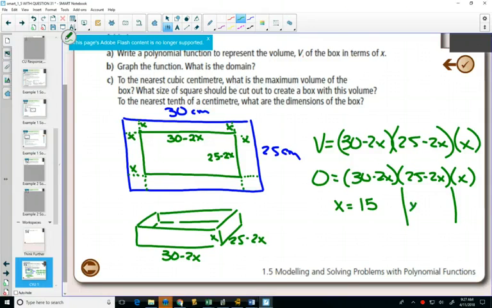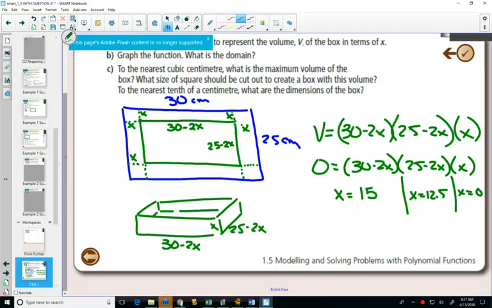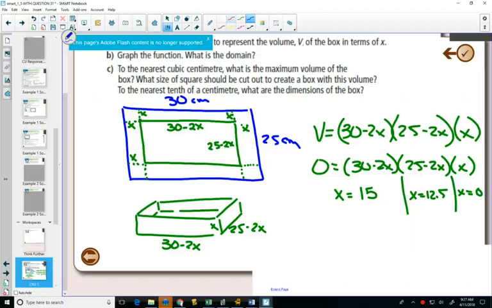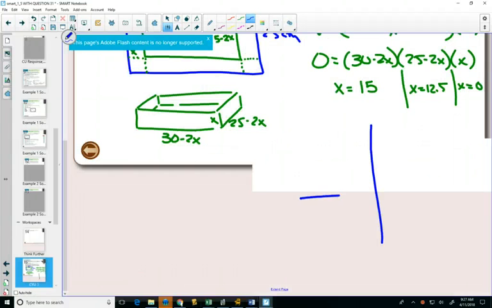So x is equal to 15, x is equal to 12.5, and x is equal to 0. And so going to graph this, we have an x-intercept at 0, one at 12.5, and one at 15.